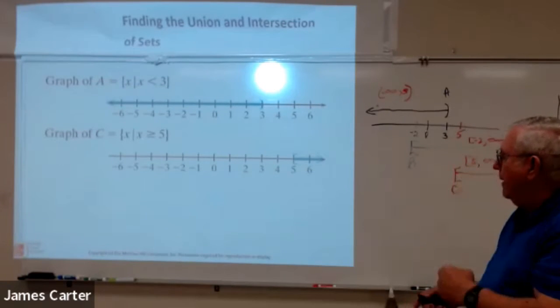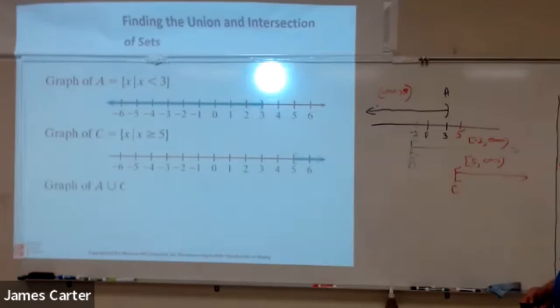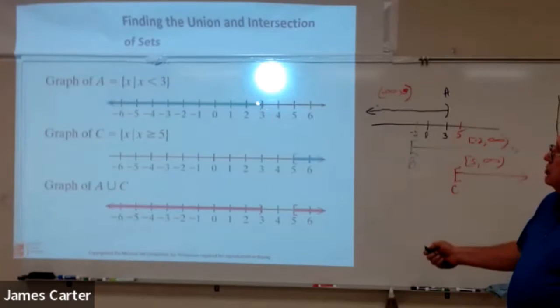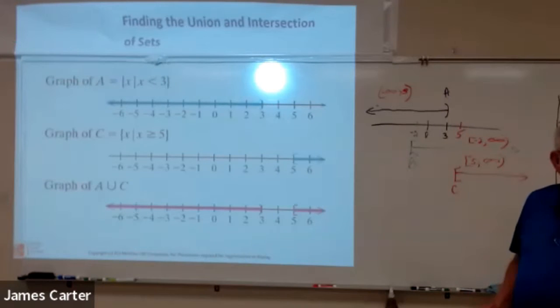But what did the problem ask us to find? It asked us not for the intersection. If they had asked us for the intersection, the answer would be the empty set, because they don't share anything. But since they asked for the union, it's just all of that one and all of this one.